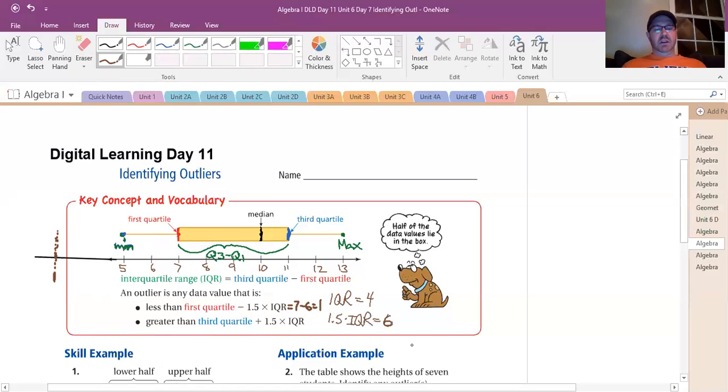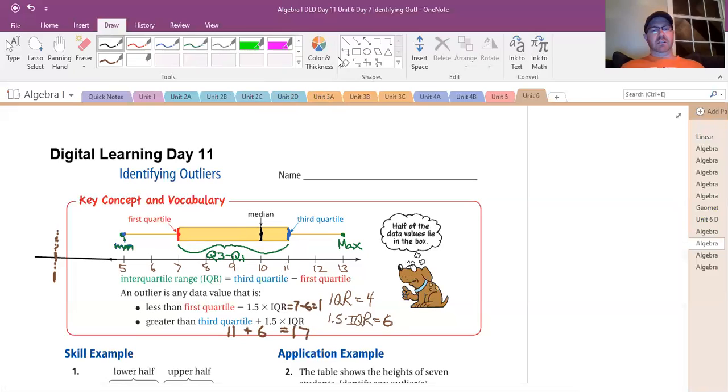Now we also use this 6 to go above the third quartile. Our third quartile is 11. 11 plus the 6 equals 17.